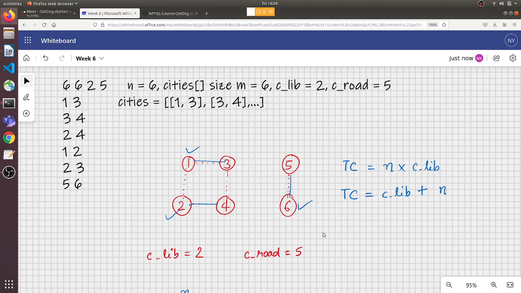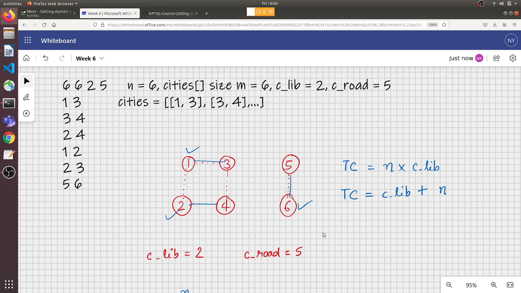Then how many minimum roads need to be constructed so that every city has access to this library? I'm assuming that all of these cities can be connected. N-1 roads.